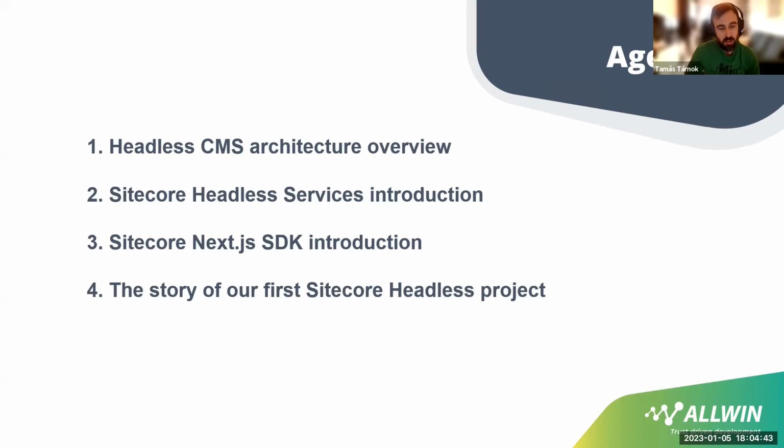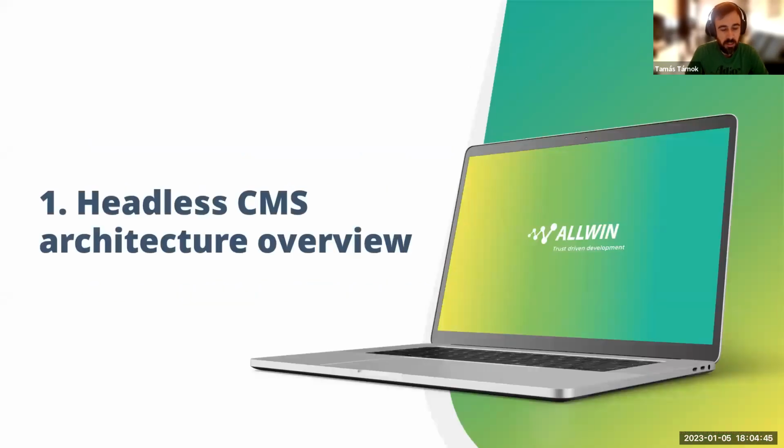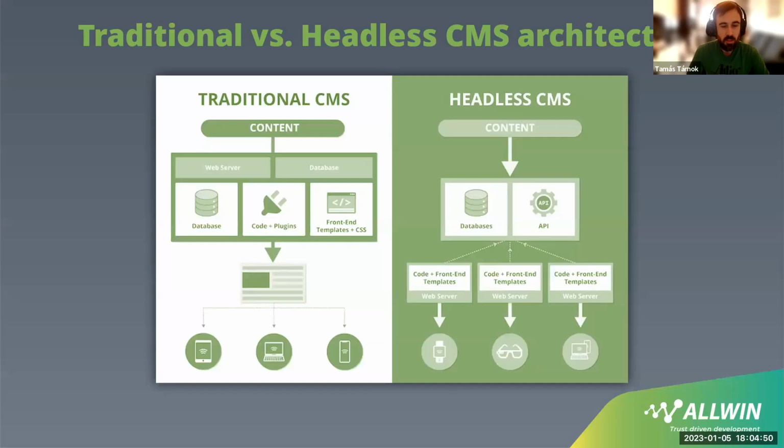So let's jump into the headless CMS architecture overview. In short, on the left side we have the traditional CMS, and on the right side the headless. Traditional means basically like in the old Sitecore MVC world, that the CMS framework runs together with the front-end application.